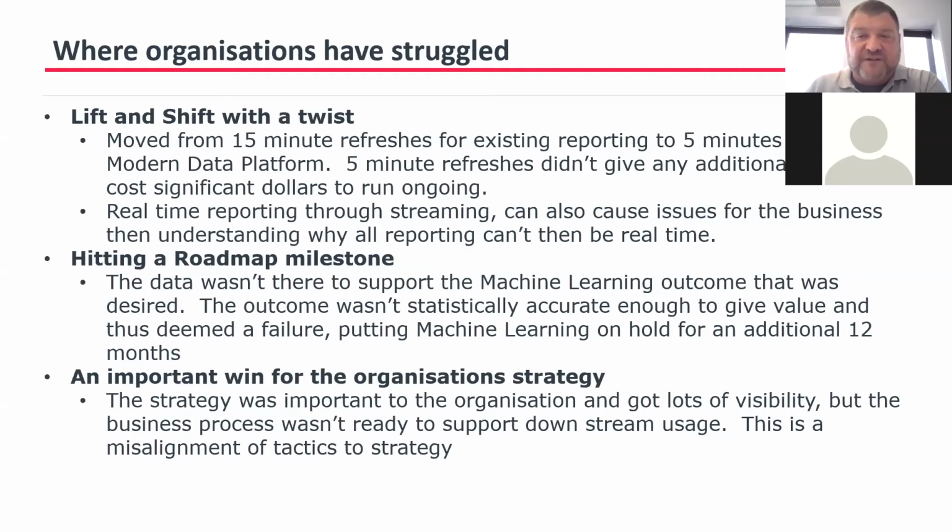It gave them confidence that the decision they were making was okay, but it didn't give them enough so they could automate some aspects to give them the scale that they needed. And so it became a failure for them in a way, even though it wasn't a failure. It didn't give them enough success to enrich their machine learning program of work. And in fact, it slowed that down.